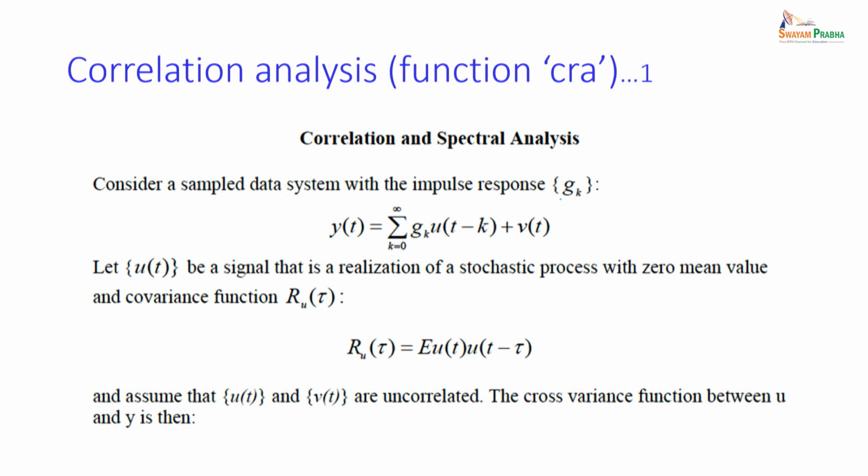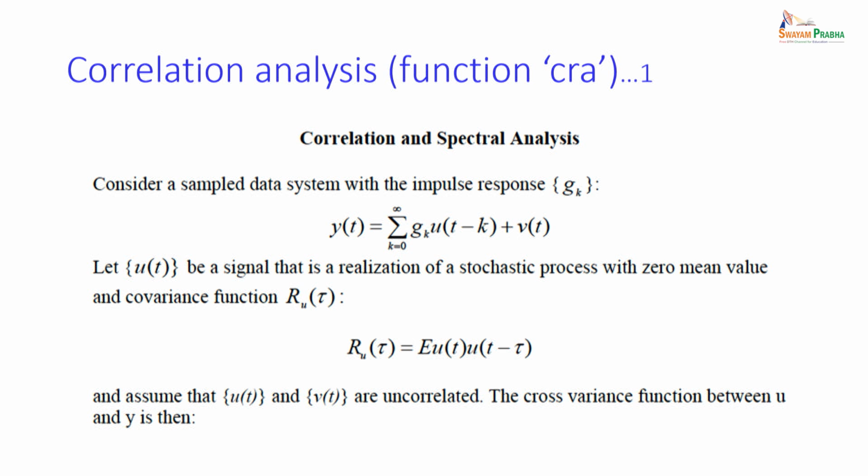We say y of t is equal to g0 times u of t plus g1 times u of t minus 1 plus g2 times u of t minus 2, etc. This is an infinite order impulse response term on the right hand side. How do we get gk? If you were to divide the numerator B(z^-1) by the denominator A(z^-1), you will get infinite order impulse response terms, and that's what the gk terms are.